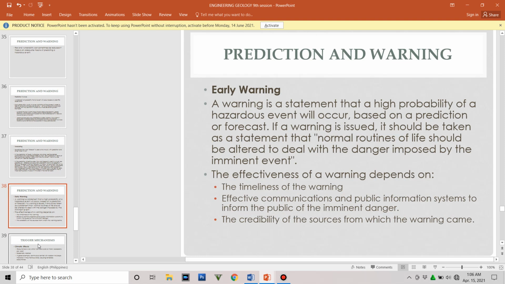So, early warning. A warning is a statement that a high probability of hazardous event will occur based on a prediction or forecast. If a warning is issued, it should be taken as a statement that normal routines of life should be altered to deal with the danger imposed by the imminent event.